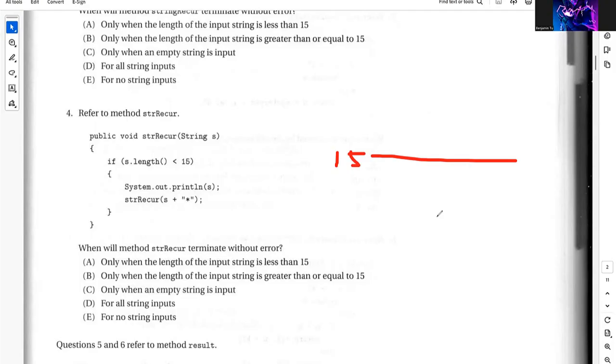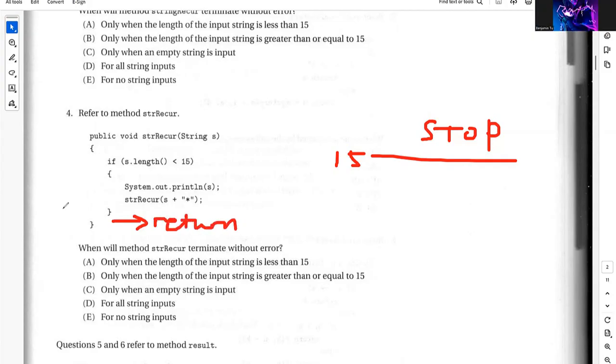Then it just doesn't do anything. Doesn't do anything means it doesn't print anything. It just means stop. You will stop right there. It actually has a hidden return over there.